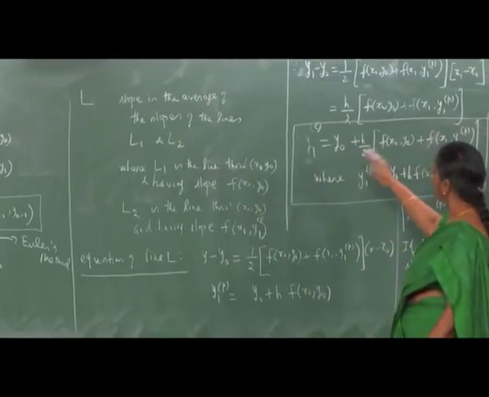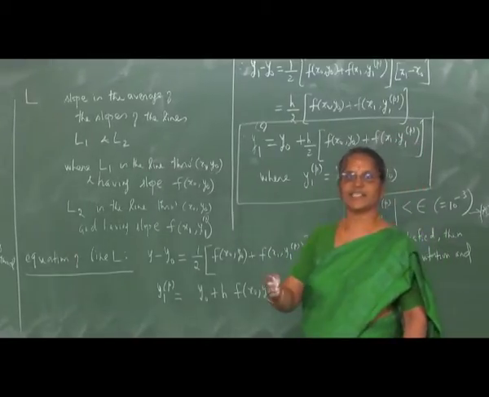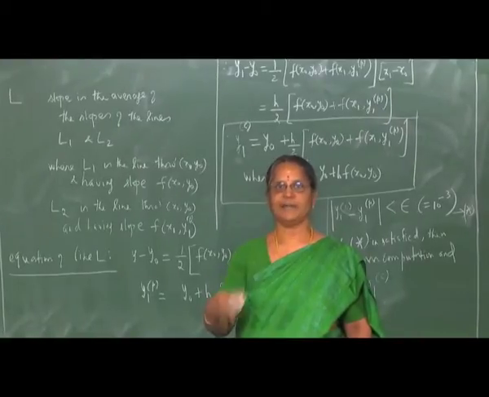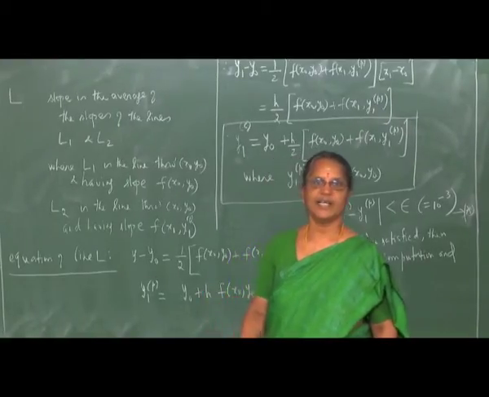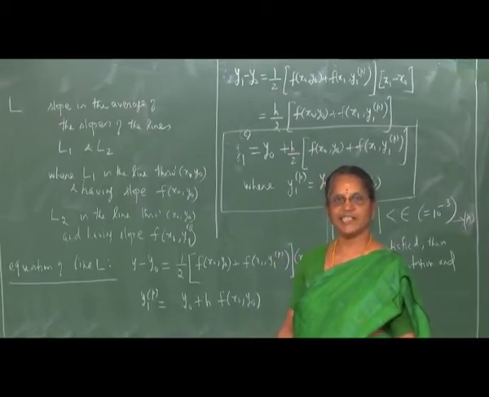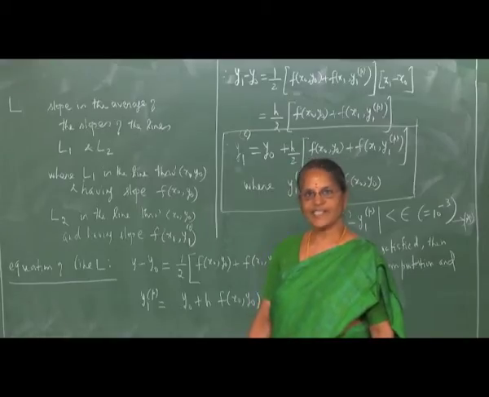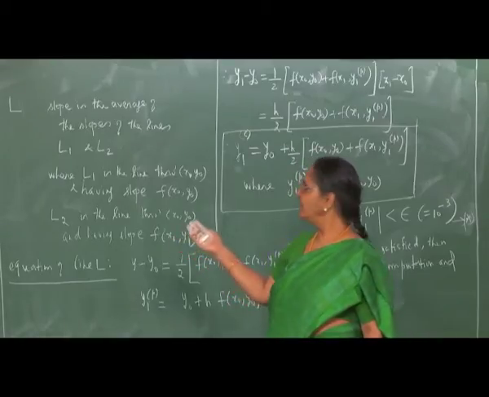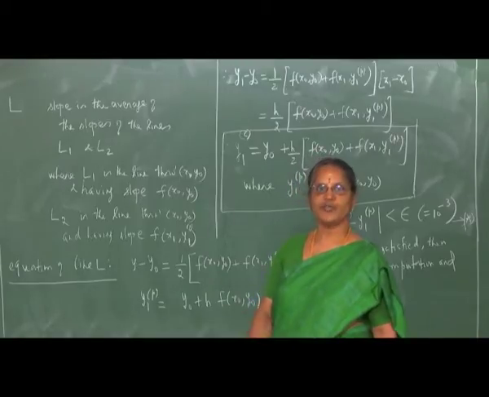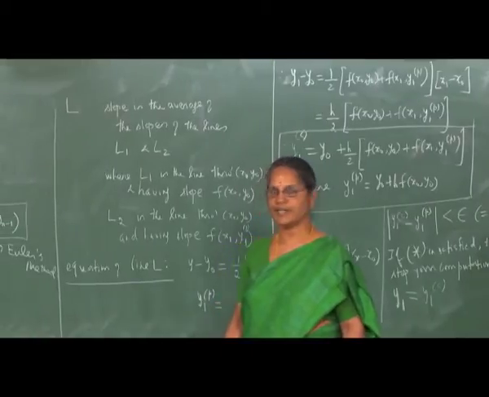This is again a single step method, but we are able to get a predictor corrector method which helps us to predict the solution and correct it and recorrect it successively till the desired degree of accuracy is obtained. So, let us take an example and illustrate this method so that you know how to compute the solution using modified Euler's method.